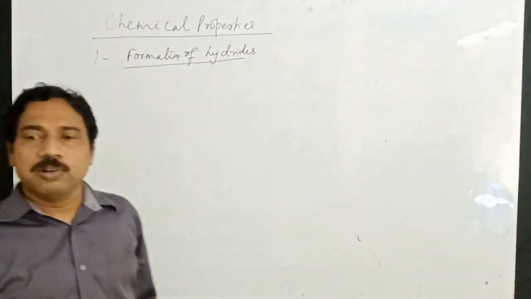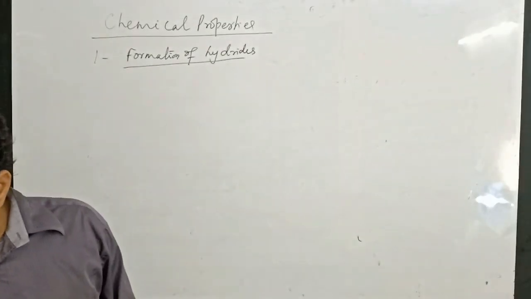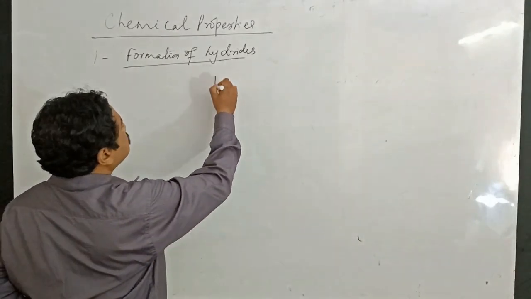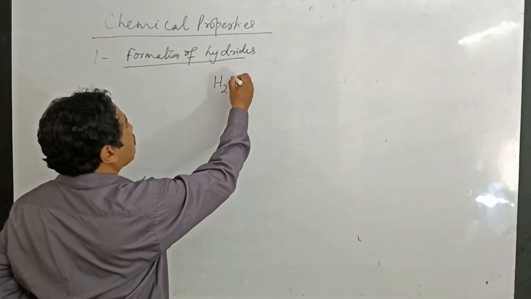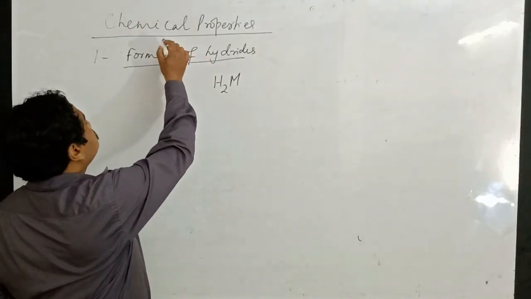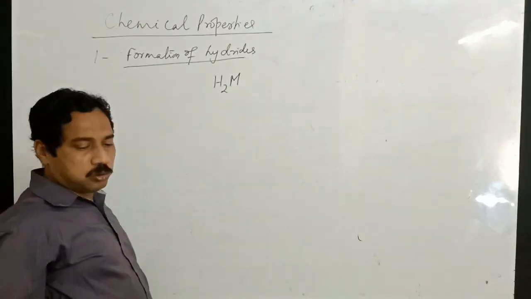When the elements of the oxygen family combine with hydrogen, they form binary hydrides of the type H2M. This type of hydride is formed when the elements of group 16 combine with hydrogen under suitable conditions.